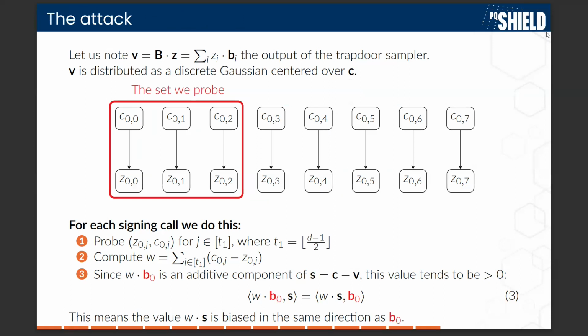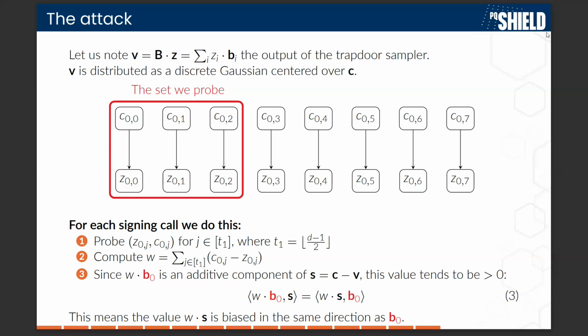This V is the secret offset of the trapdoor sampler. We're going to probe T over 2 of these C shares and T over 2 of these Z shares. We'll just add up their differences and call that W. This W is not the entire component, but it's a small value that's an additive component of the actual signature.